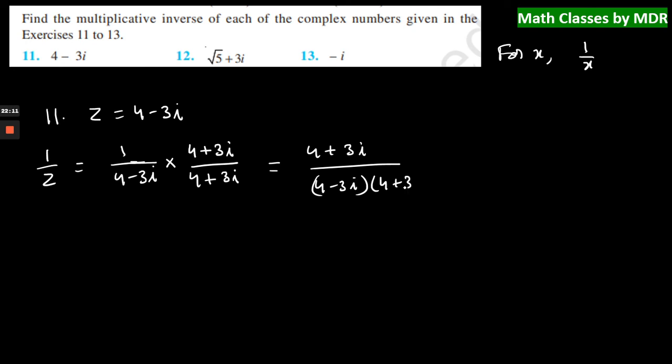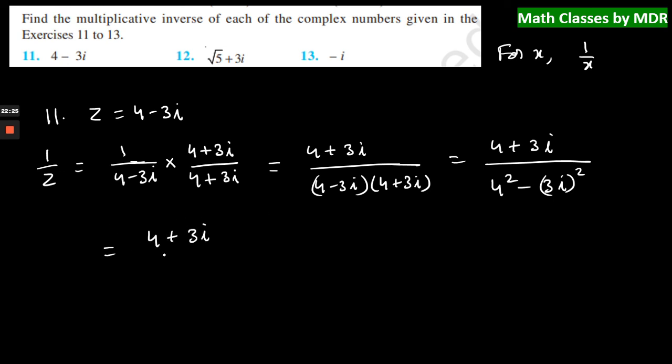So it is of the form a minus b into a plus b, right? So let us take that a minus b into a plus b is nothing but a square minus b square. So that 4 square minus 3i whole square, right? Which is also equal to 4 plus 3i by 16 minus 9i square, and i square is nothing but minus 1.